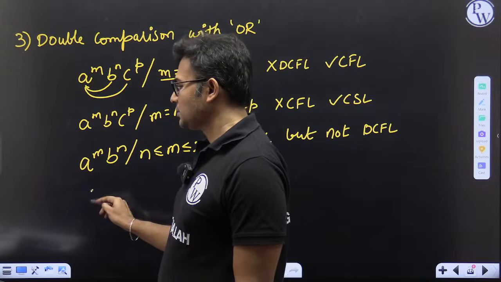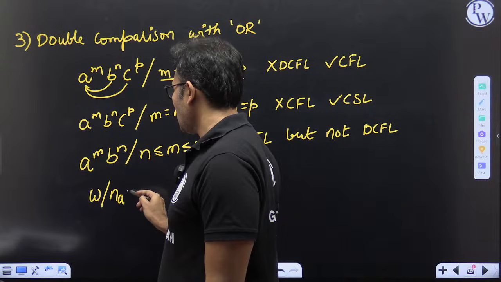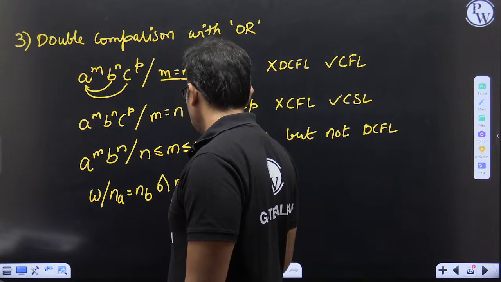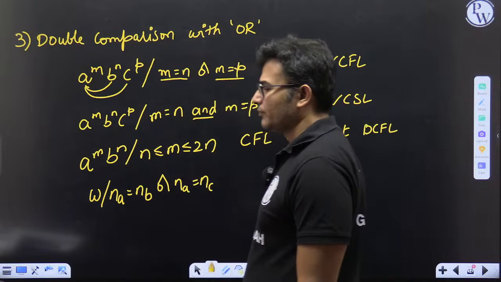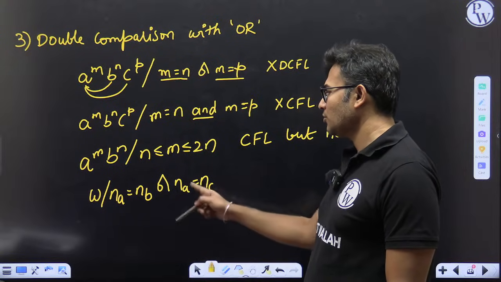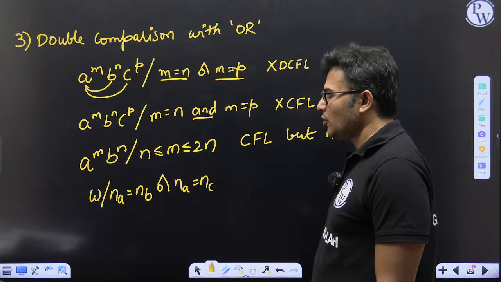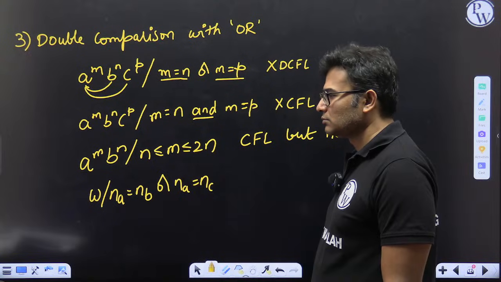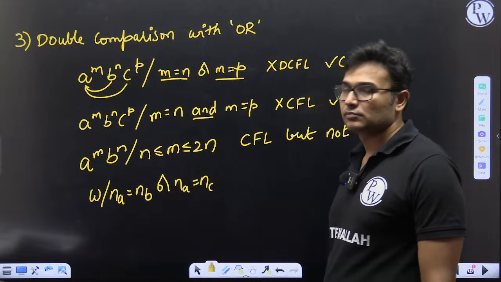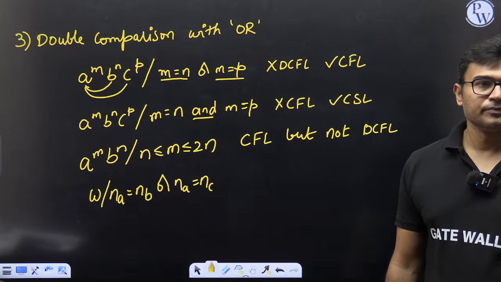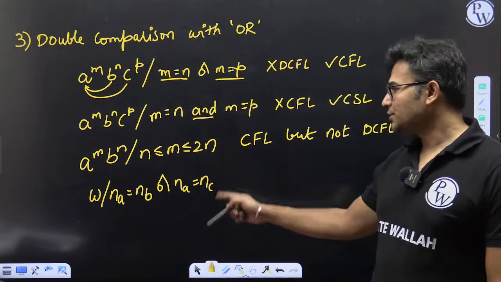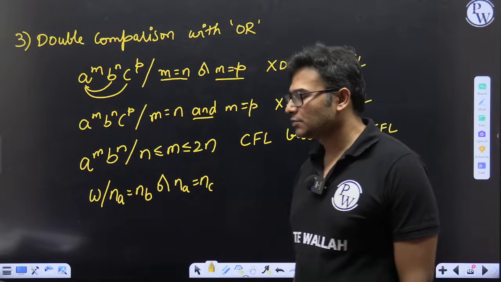Tell me about this. W such that number of A's in W equal to number of B's, or number of A's in W is equal to number of C's. What language is this?